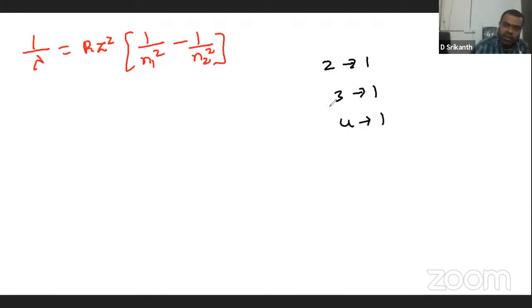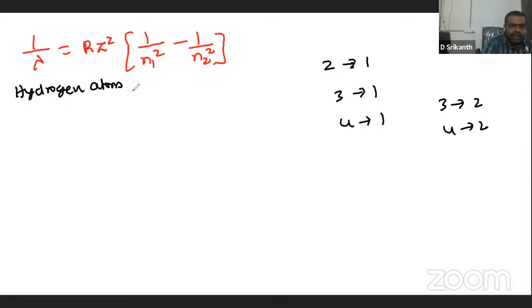Or the electron may be emitted from third orbit to second, fourth orbit to second, like this. So it depends on that. Here, for the hydrogen atom, we have five spectral lines, or spectral series.